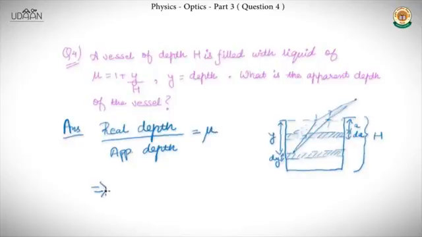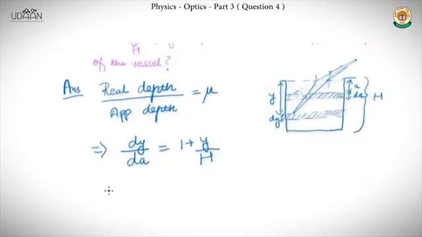Now we could extend this formula by applying that the real width of this small elemental length is dy and the apparent width of this small element is dA, which is equal to mu, which is given as 1 plus the depth of the element by the depth of the vessel. So by separating the variables we get dy by 1 plus y by h is equal to dA.